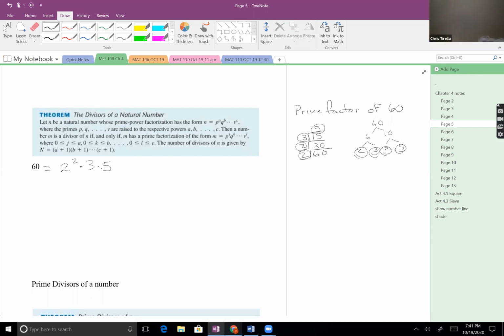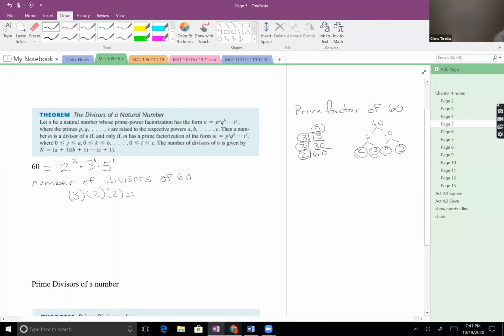Writing it that way, if I want to know the number of divisors of 60, that 3 has an exponent of 1, that 5 has an exponent of 1. So I'm going to add 1 to each of the exponents. 2 plus 1 is 3. 1 plus 1 is 2. 1 plus 1 is 2.